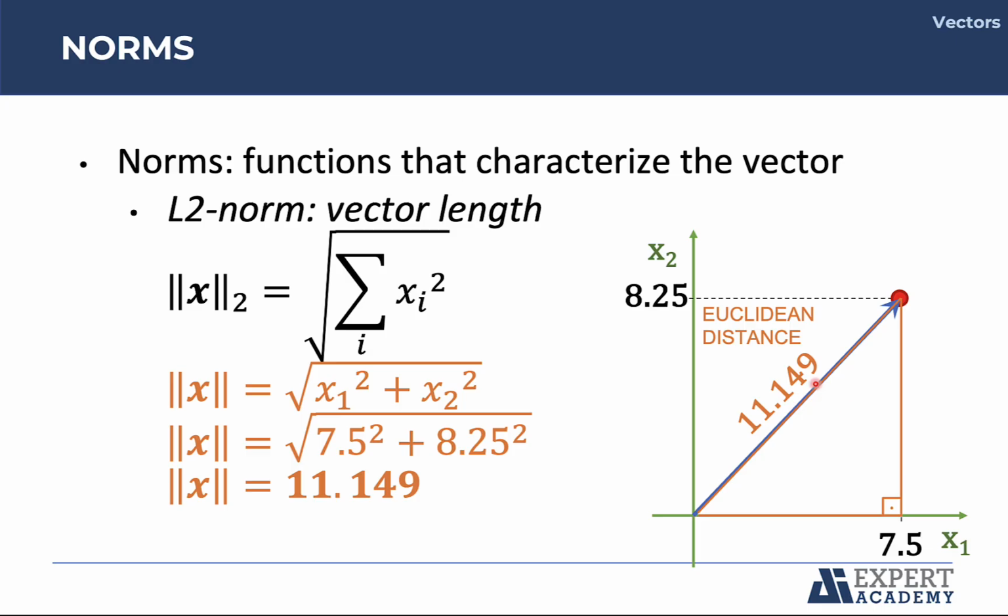This distance is called Euclidean distance. In case you have already studied machine learning algorithms, you know that this distance is widely used in the k-nearest neighbor algorithm, and it is also used to calculate similarity between vectors.